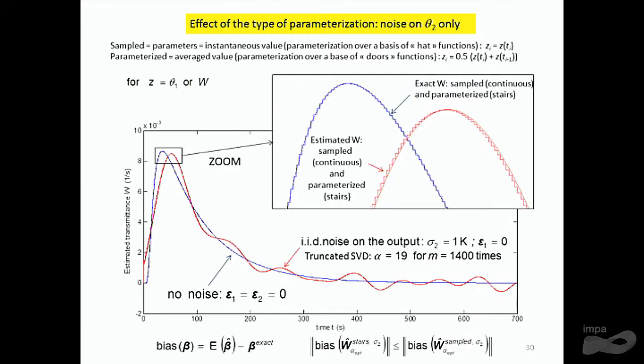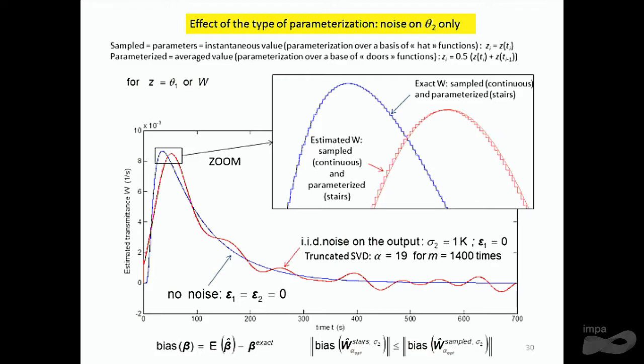Here you have the effect of the truncation. Now there is only noise in theta 2. So we keep the same input, but we put noise on the output only. The discretized one in blue is the right one, but discretized on a 0.5 second time step.